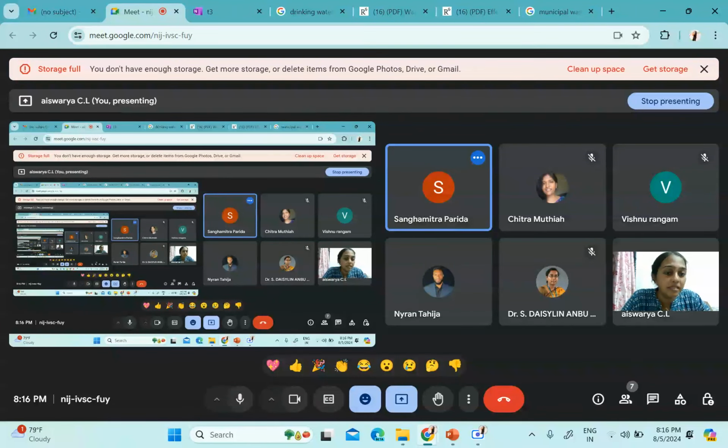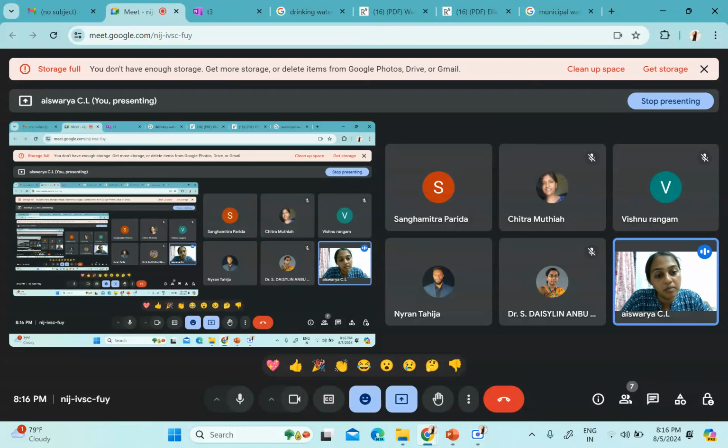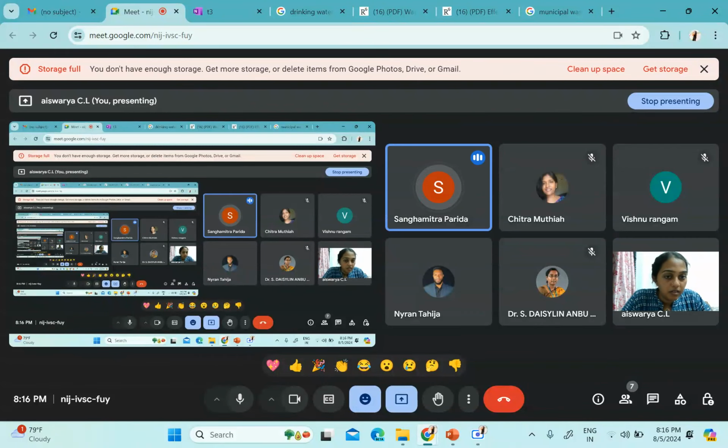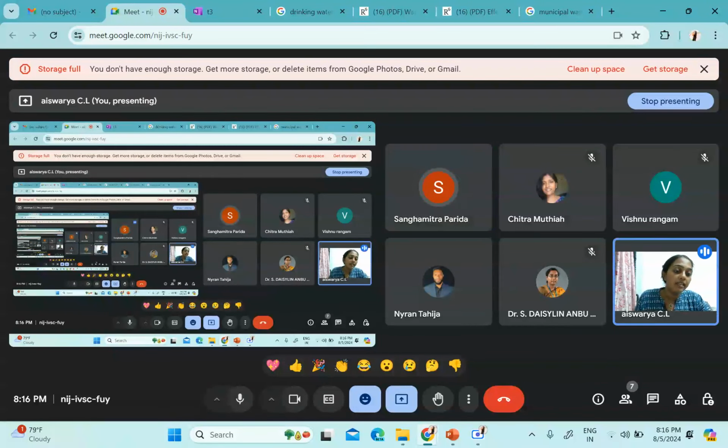This percentage can vary with years, and some new regulations can come, so it will vary. If I get some data, then I will talk to you about that. How much percentage of water is treated in India, sewage treatment in India, surely I will discuss in the next class.